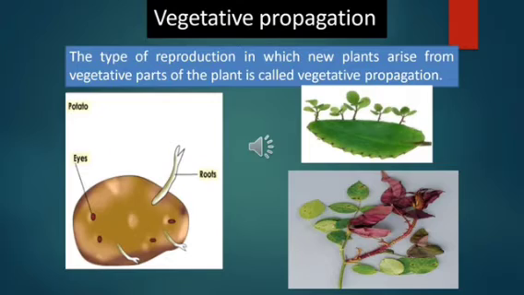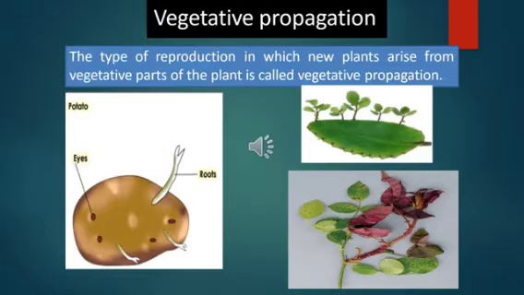Here the leaves of the bryophyllum are very broad, okay, and new plants can develop from the leaf buds present along the margin of the leaves. You just look at the margin of the leaves from where you can see those plants. So in the margin of the leaf, you will find what is called leaf buds.